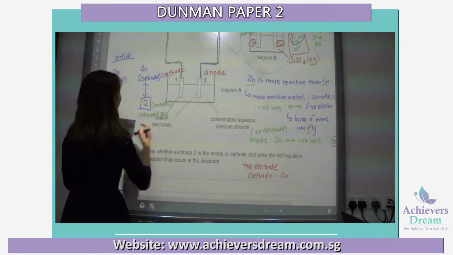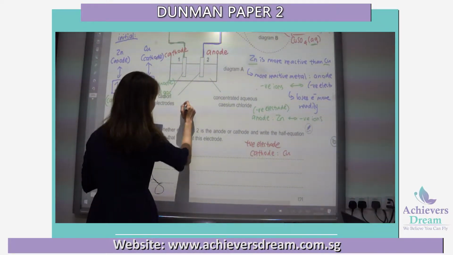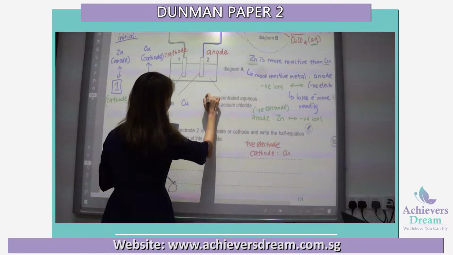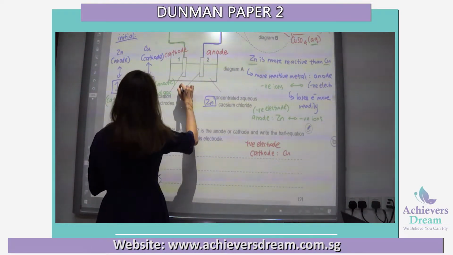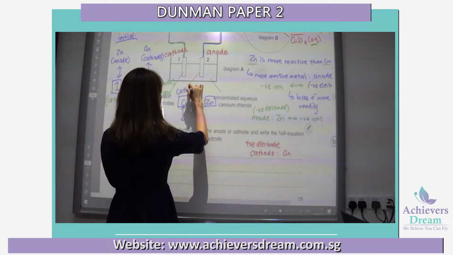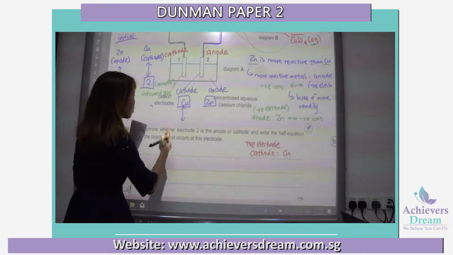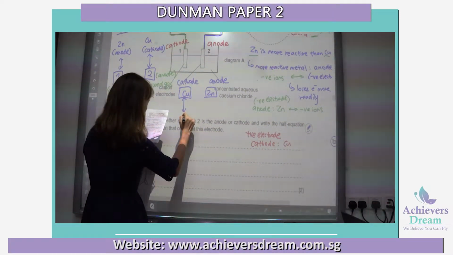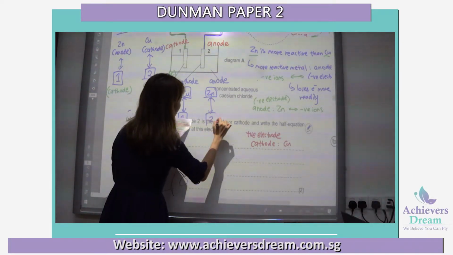So now if I switch the positions around such that it is Cu and zinc now, correct? If I switch it over, your cathode, your electrode 1 and your electrode 2, they will switch over also.